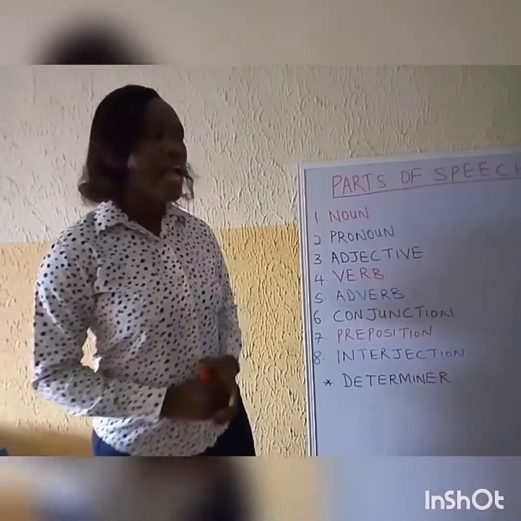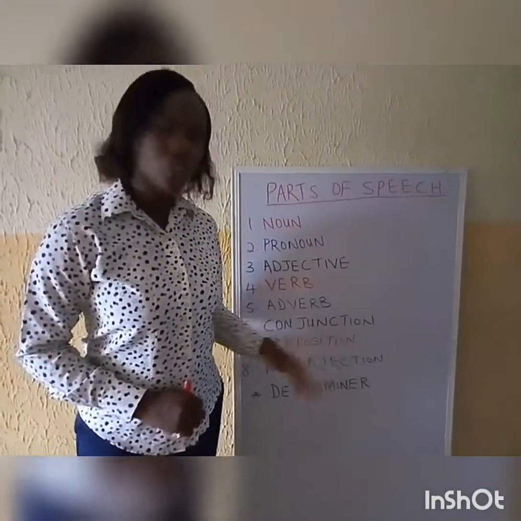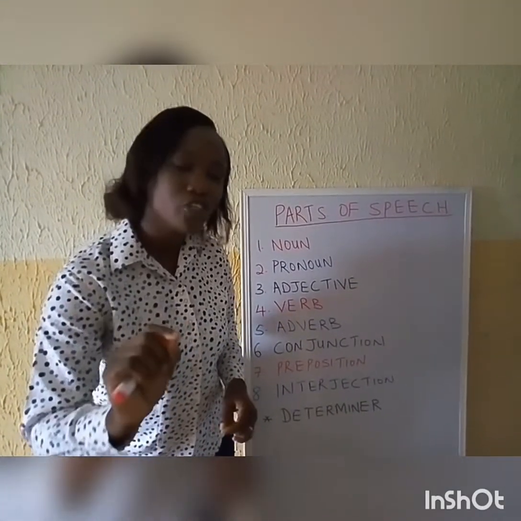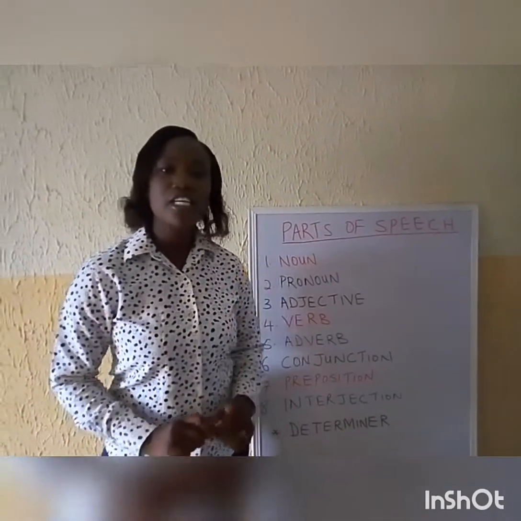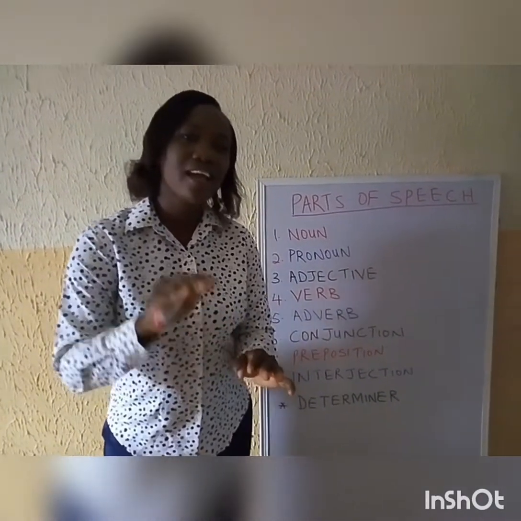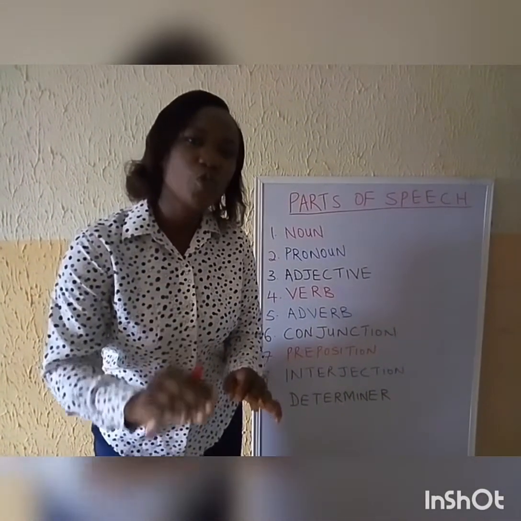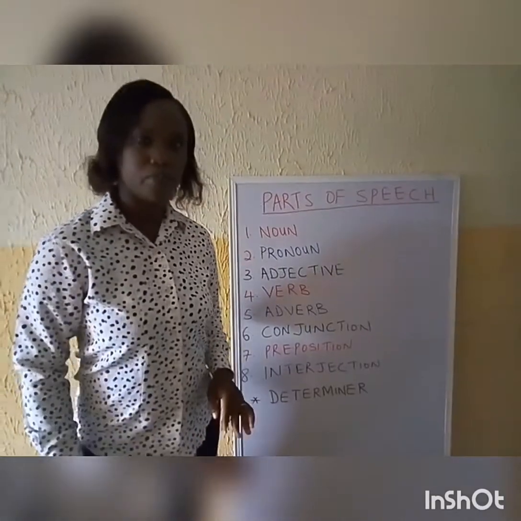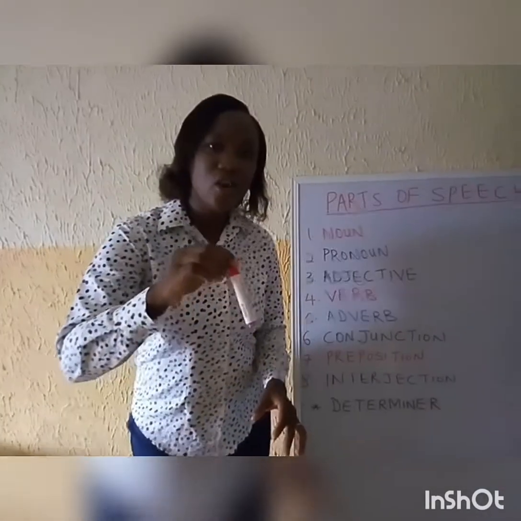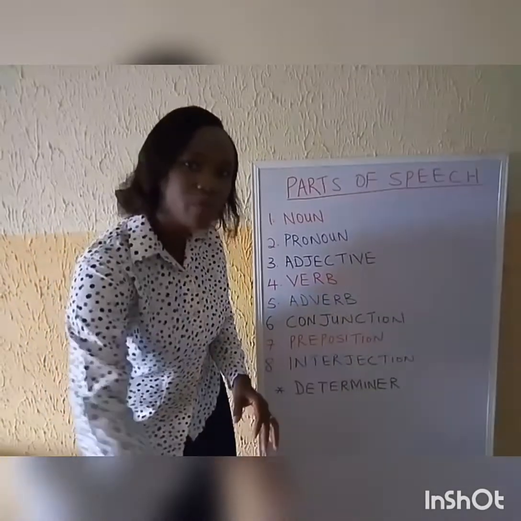Preposition. Whenever you think about preposition, always think about the word position. Preposition is used to indicate the positional relationship between two things. For example, the pen is on the table.